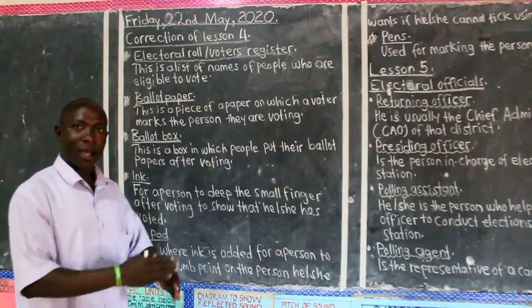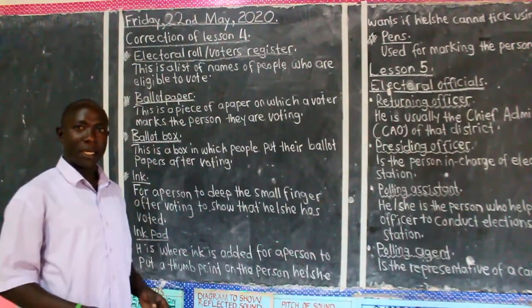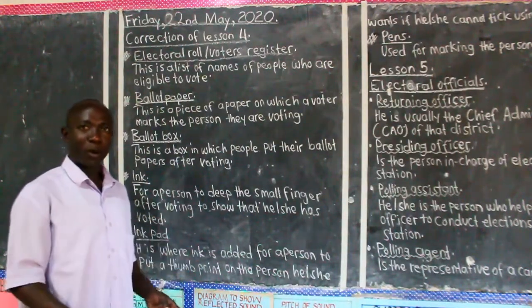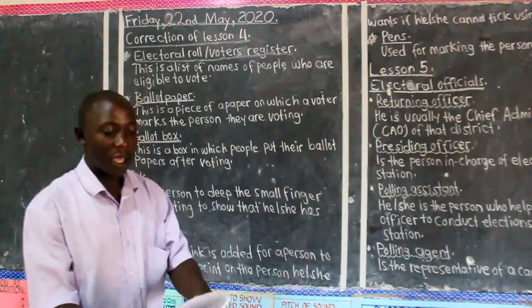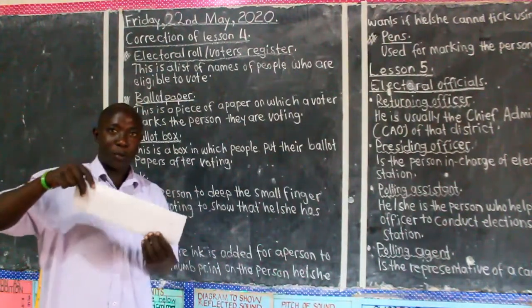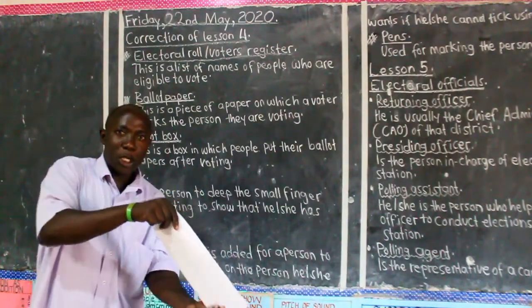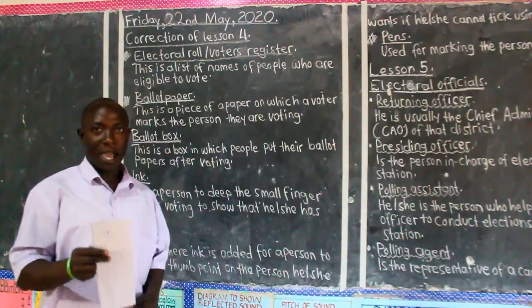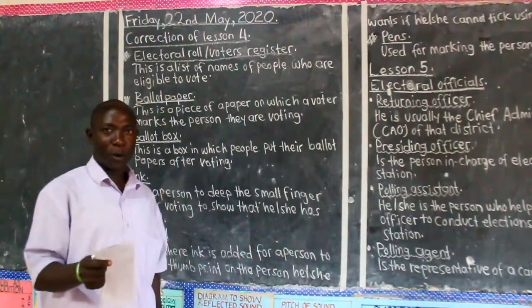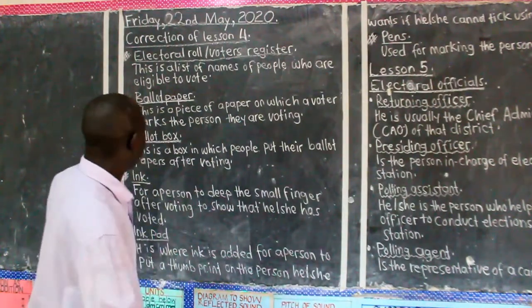It has a cover, and then a small hole is made. That small hole only allows the ballot paper in after voting. You fold it, then you push in your ballot after voting. That's what we call a ballot box.